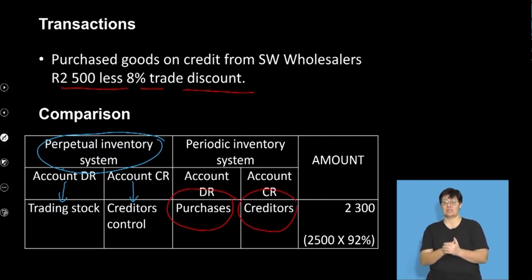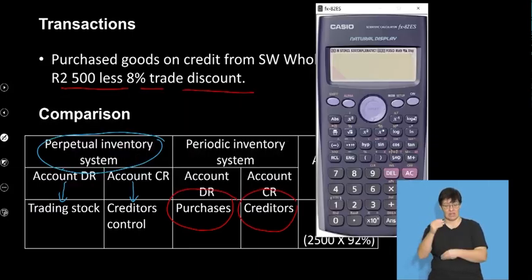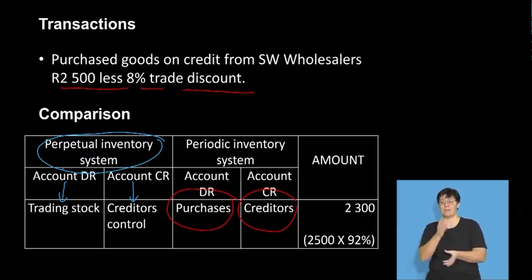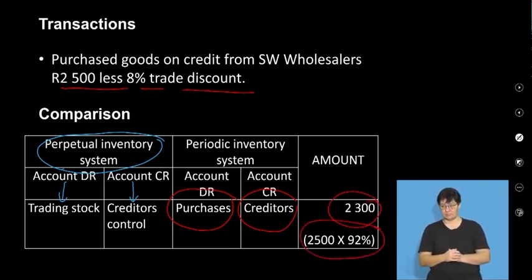Goods were bought for 2,500 less the 8% trade discount. So all that we do is say 2,500 times 8% will give me a figure of 200 Rand. Take your 2,500 minus the 200, which will give you a figure of 2,300. That's the calculation, the explanation: 2,500 times 92%.